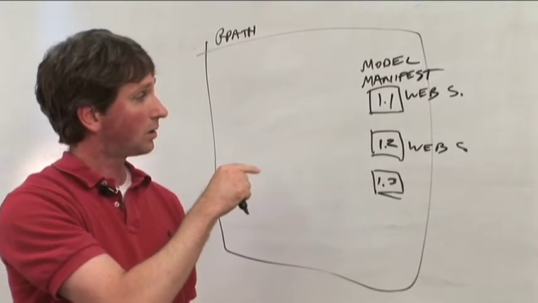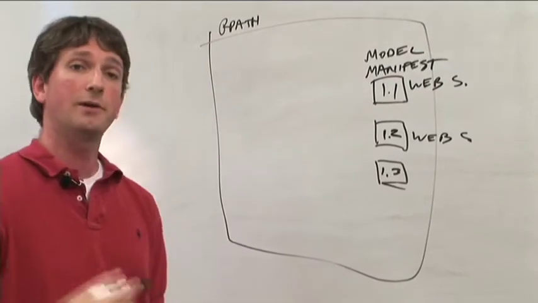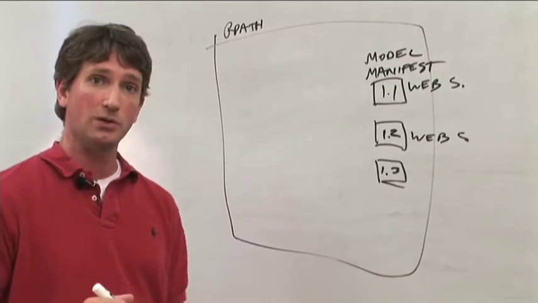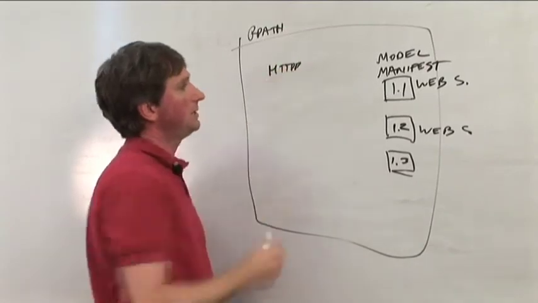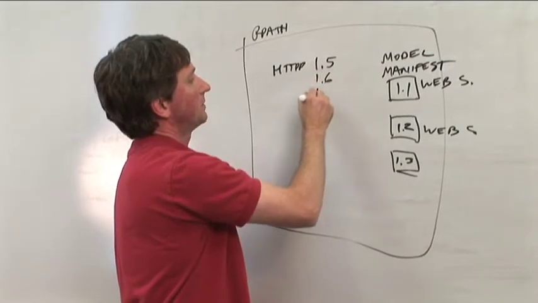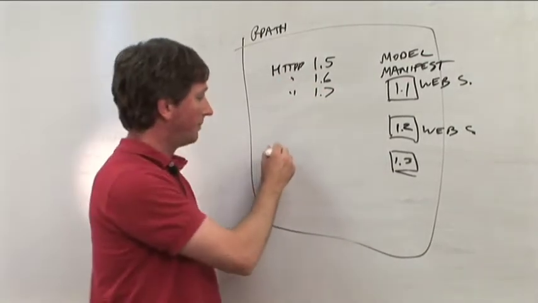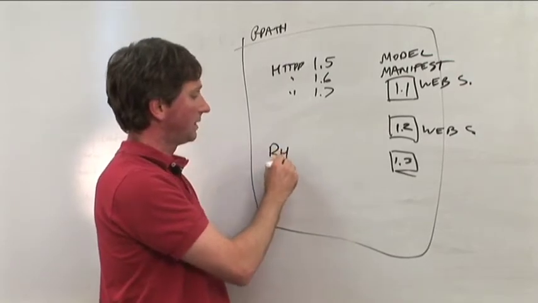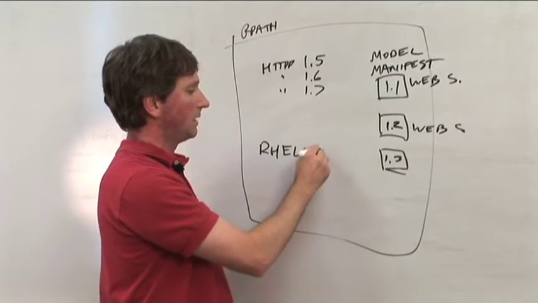And in order for us to actually know everything that belongs on a system, we need to have all the artifacts that go into a system under version control as well. So let's say I've got HTTPD, I've got version 1.5, and 1.6, and 1.7 of my web server. I've got different versions of the operating system. So let's say it's Red Hat Enterprise Linux 5.